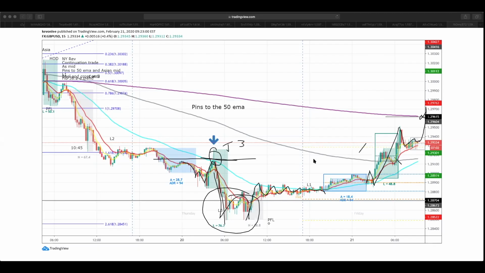On trades like this, where it's very obvious that peak formation low is being created and you see this kind of behavior, be ready for this, because this is going to happen. And if you miss it during London, all you're waiting for during the New York session is a continuation trade, and just take it to the 800. Does that make sense?